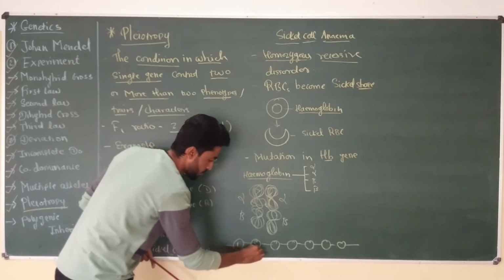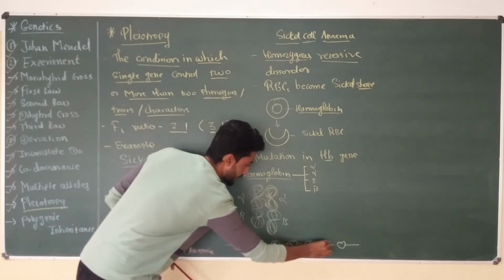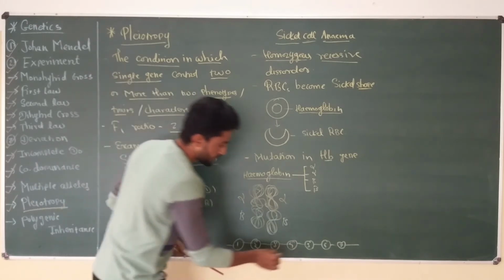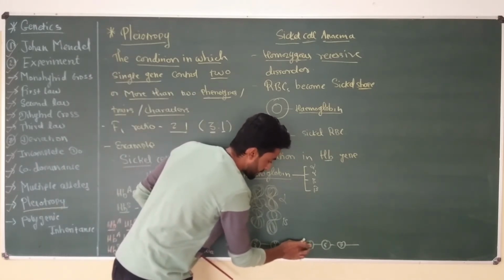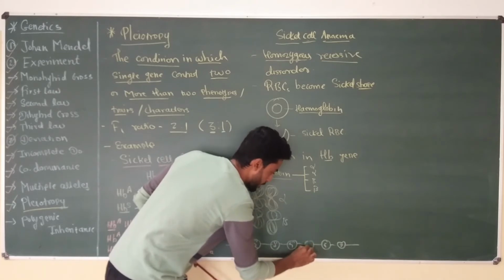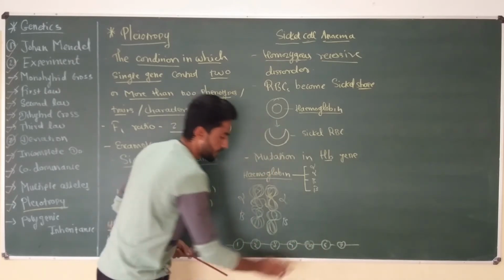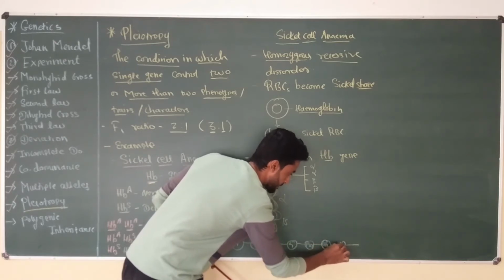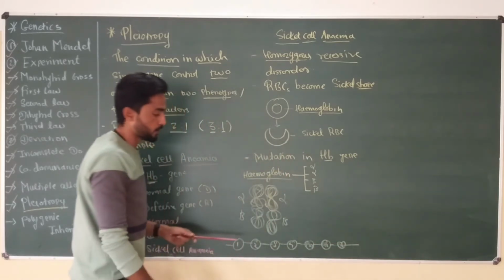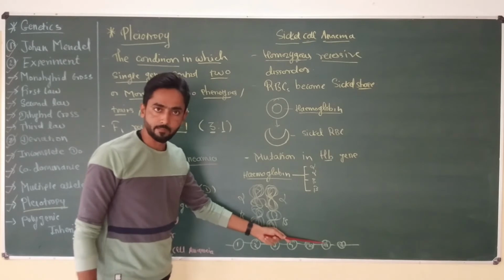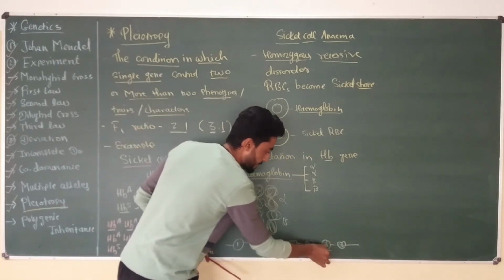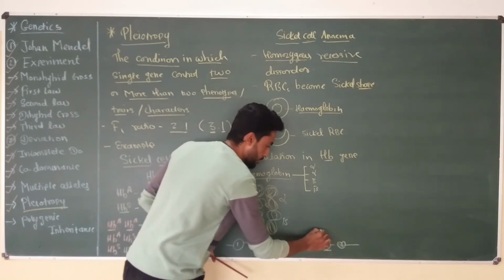Okay, now each amino acid is connected to one another with a peptide bond. Now the fifth amino acid in the chain is proline, and number 6 and number 7 amino acids are glutamic acid, GLU, glutamic acid or glutamate. And when the mutation occurs, this glutamate is replaced with valine.